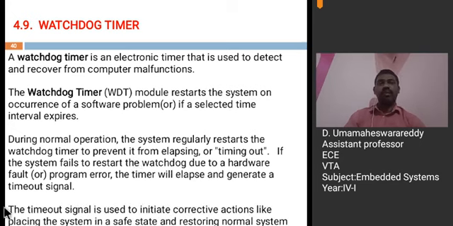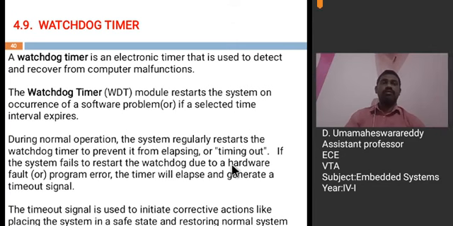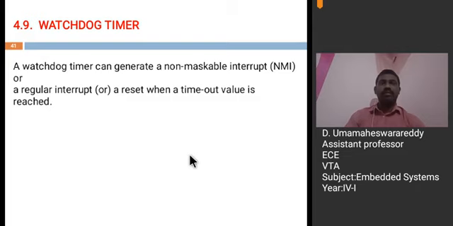So here, a timeout signal is used to initiate corrective actions. What are the actions? Like placing the system in a safe state and restoring normal system operation. That is bringing back the system into the normal state. And a watchdog timer can generate a non-maskable interrupt. Non-maskable interrupt means the interrupt which cannot be disabled.